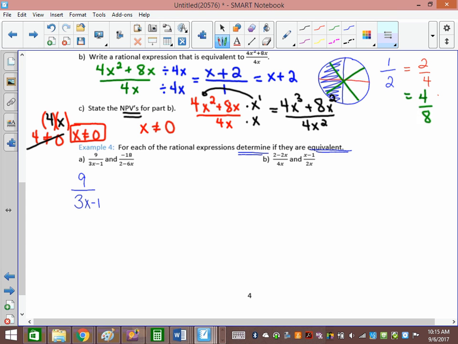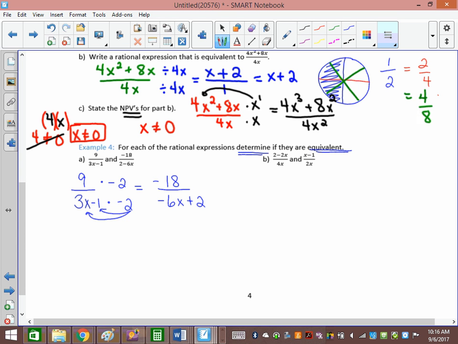So we're going to multiply by negative 2. So I'm going to get negative 18 on the top, looking good so far. And then on the bottom, I have to remember to distribute it. So I get negative 2 times 3x is negative 6x. Negative 2 times negative 1 is positive 2.